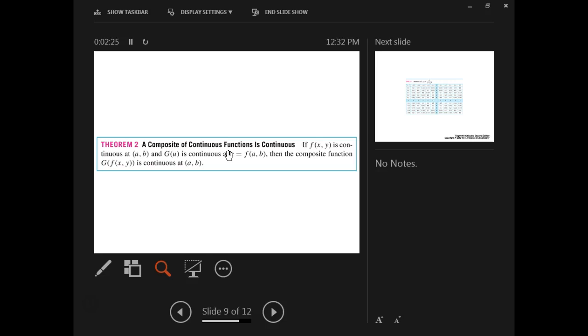If you have two functions, and they're both continuous functions, a composite of two continuous functions is continuous. So let's say f of x,y is continuous at a, b, at the point a, b, x equal a, y equal b. And g of u is continuous at some point c, and c is f of a,b, okay?